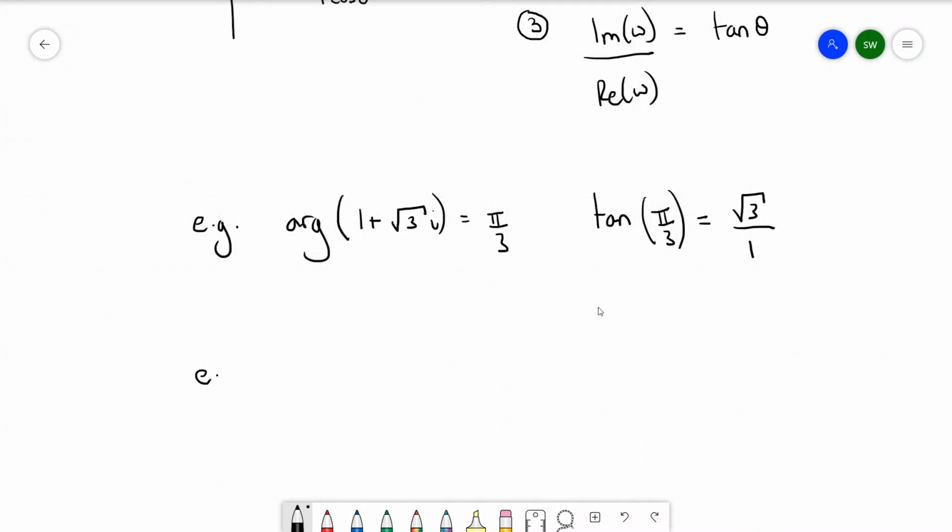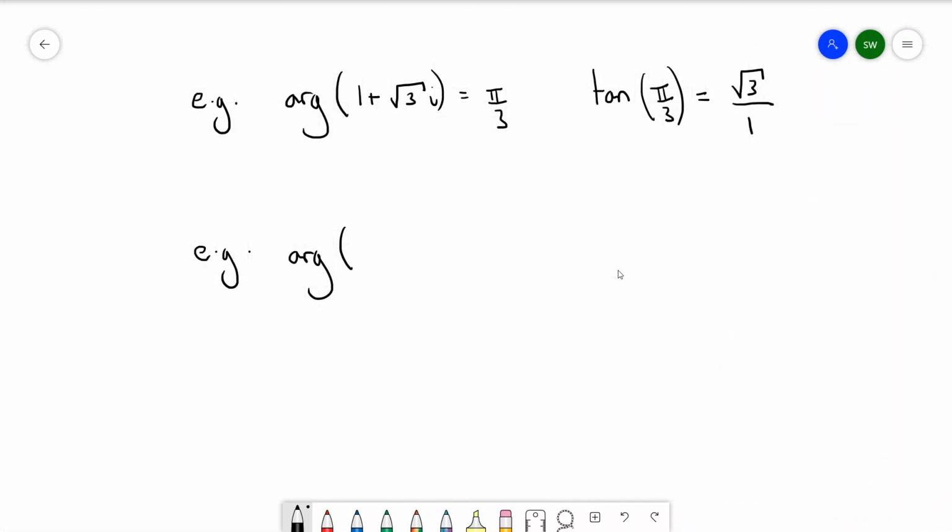And the reason why this is useful for this part is we're going to have a situation where we've got a complex number with algebra in it, with unknowns in it. For example, we might have the argument of x plus 3 plus 4i, and we might know that the argument of that complex number is minus pi over 6.